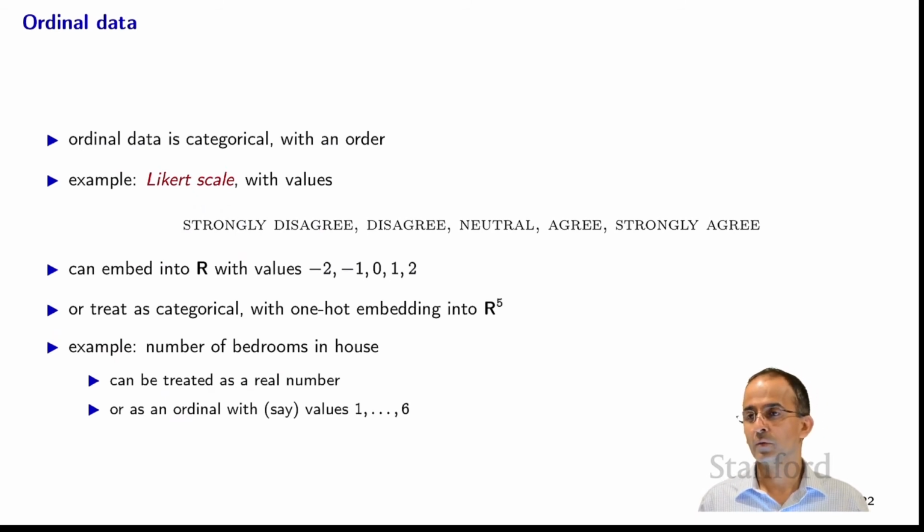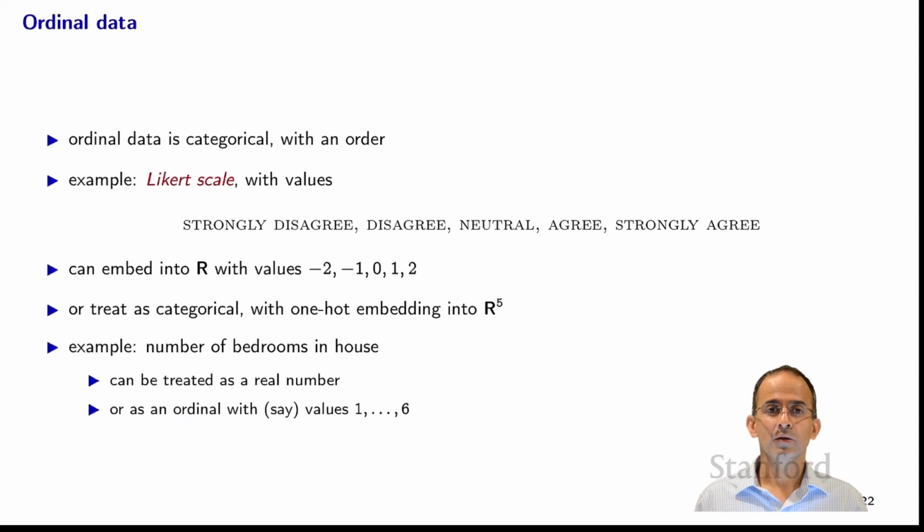So, for example, when you give something a rating on Amazon, you're either going to give it 1, 2, 3, 4, or 5 stars. And yes, there's only 5 possible categories that you can put it in, but those definitely have an order.